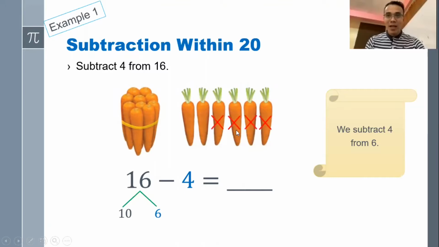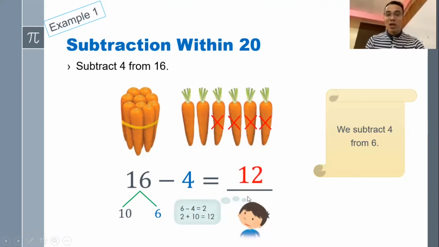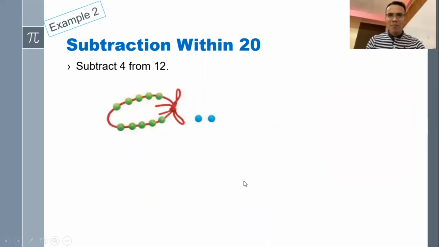We have 1, 2, 3, and 4. Therefore, 6 minus 4 is 2, and 2 plus 10 is 12. Where is 10 coming from? This one is 10 plus 2. The answer is 12. Therefore, 16 minus 4 is 12. Did you get that? Let's have another example.